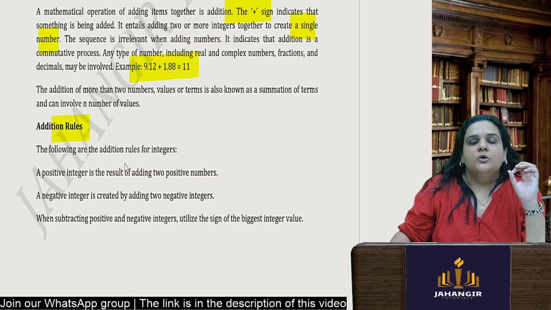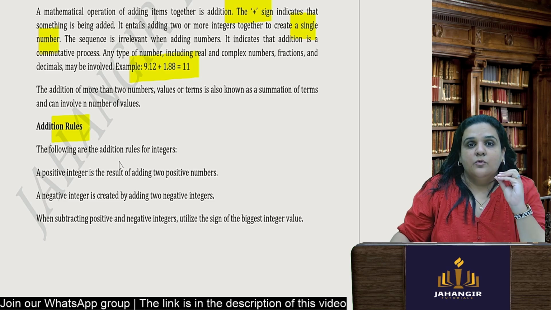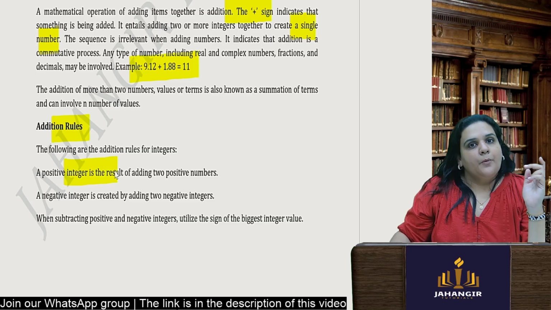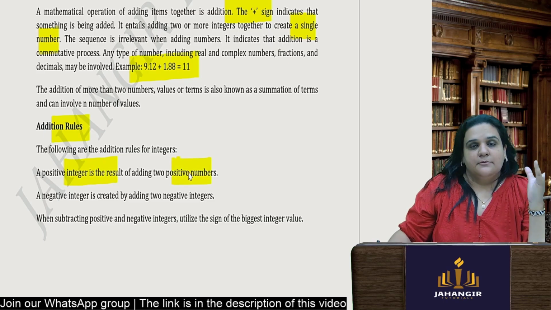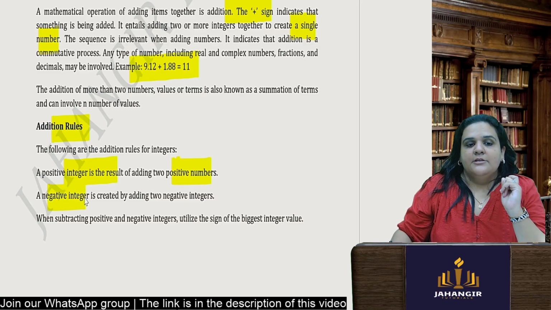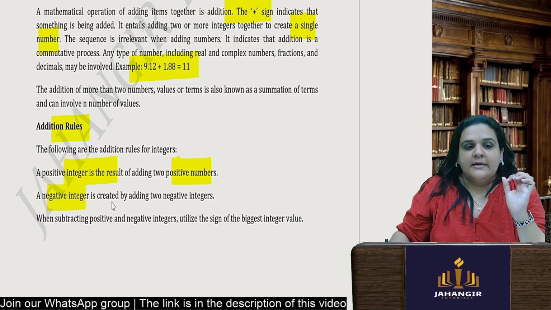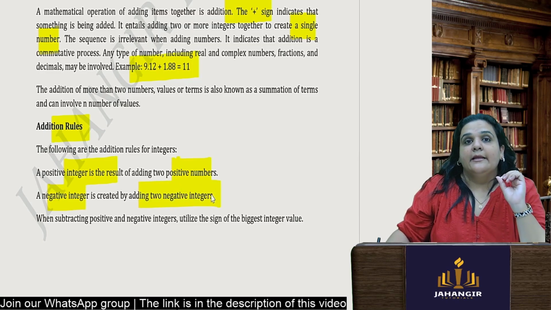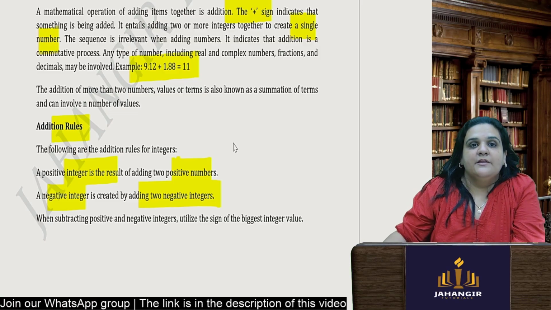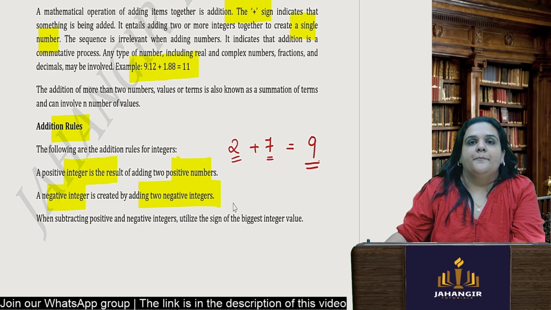All the addition rules are that if I am adding two positive integers, I'll get a positive number. A negative integer is created when adding two negative integers. So if there are same-sign numbers, two positive integers, I am going to get a positive number.